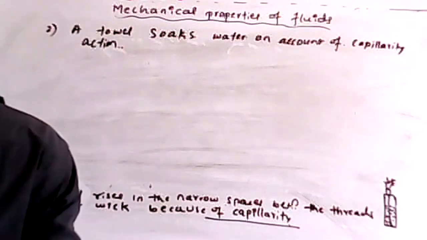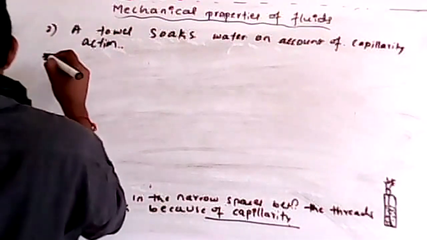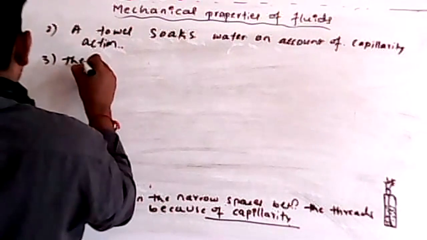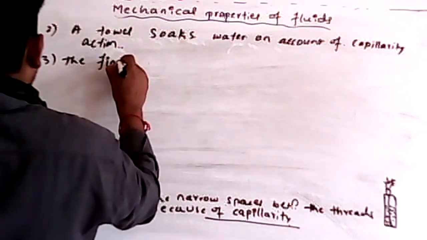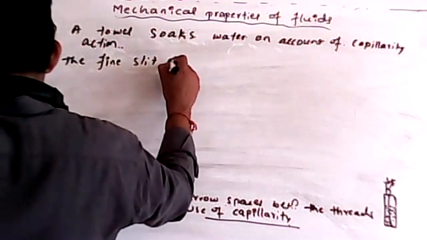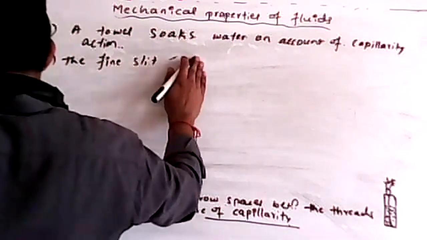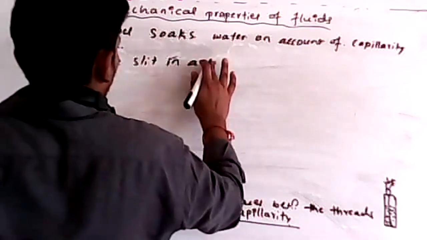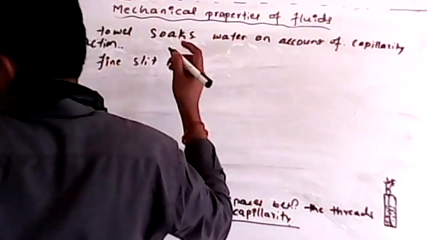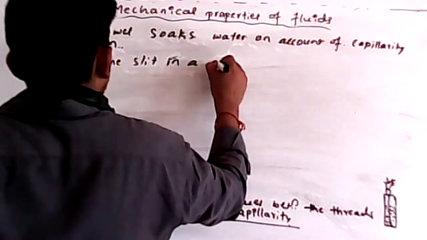Then the third one, the fine slit in a nib pen. You already know the ink pen. In olden days we used these pens.